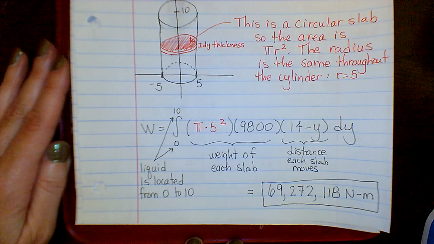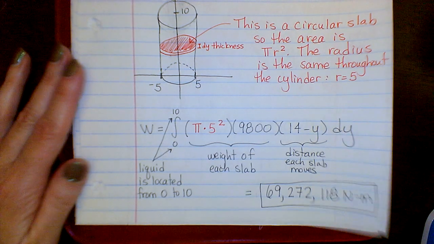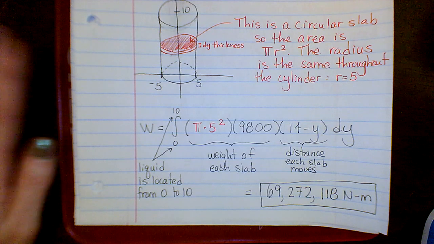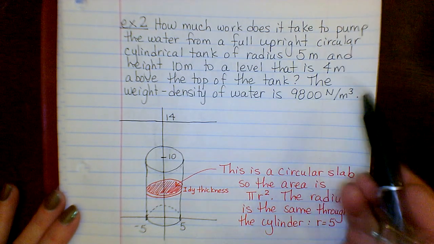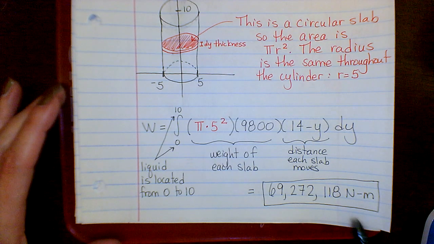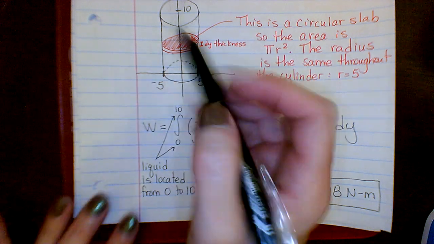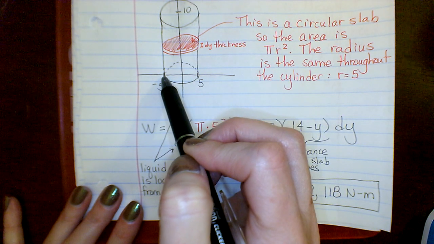So then it's just a matter of putting all this in the calculator and boom. Because this was all given to me in terms of meters, newtons per cubic meter, that tells me that my units are going to be Newton meters. That's going to be metric units. These get messier if this is not a straight line.